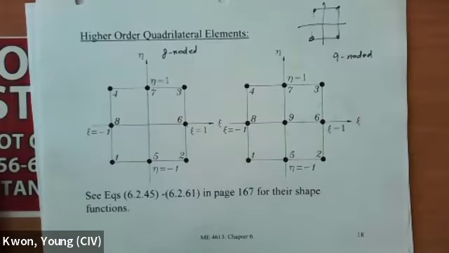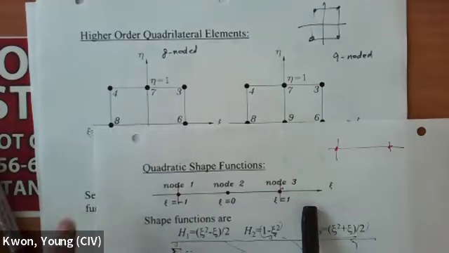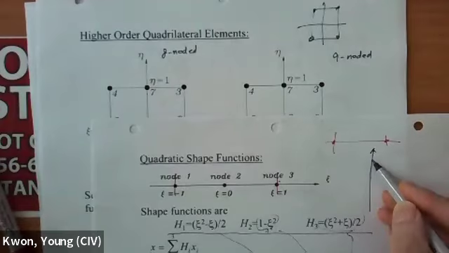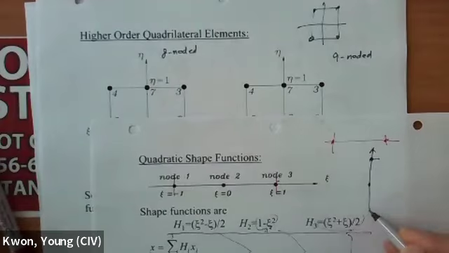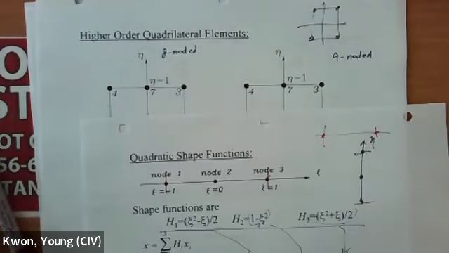Then what is the difference? What are the pros and cons? Before we talk about pros and cons, one thing I can tell you is that this quadratic element in 1D, if you do it in 2D, I mean the y direction, like that, you have the ξ direction and the η direction in the natural coordinate system.